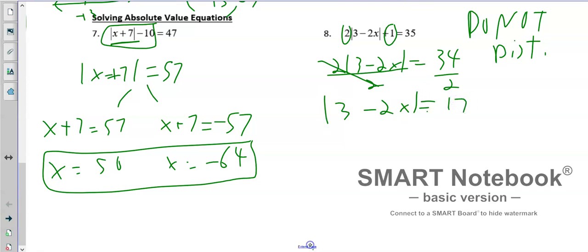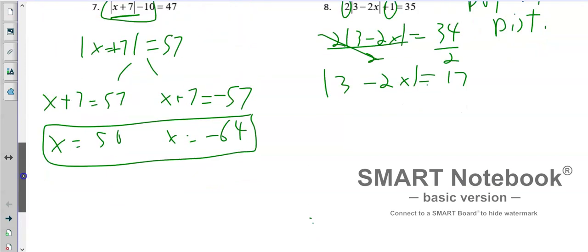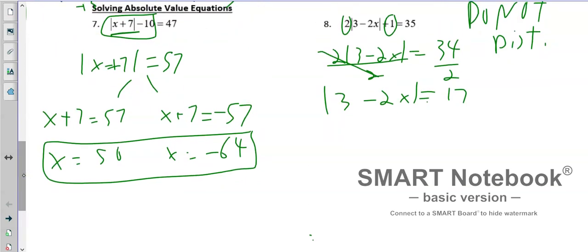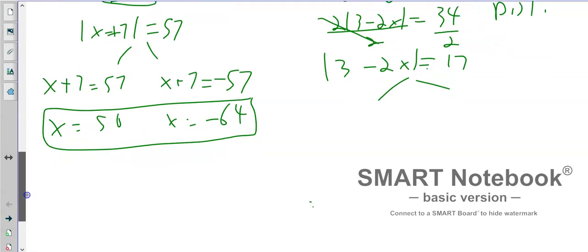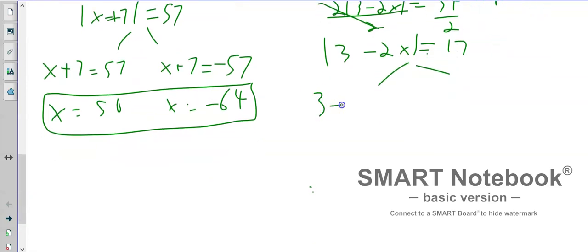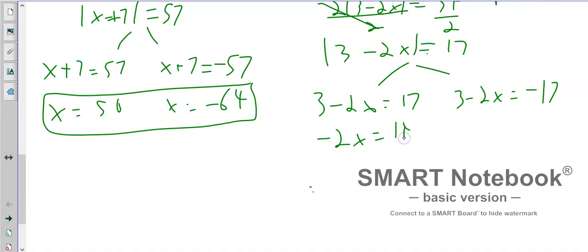Now, only now, do we branch off. The absolute value is by itself, and now we can do this. 3 minus 2x equals 17. 3 minus 2x equals negative 17. I'm going to subtract 3 from both sides, which gives me negative 2x equals 14.